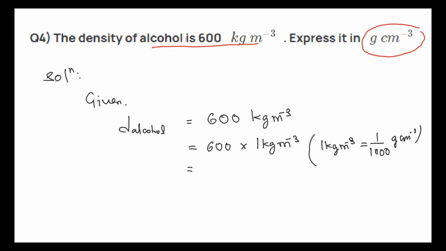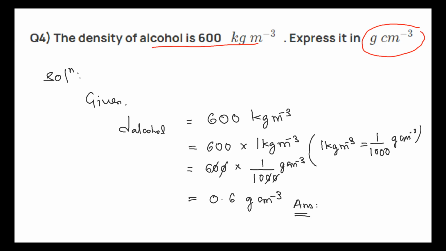If I want to change, it will become 600 into 1/1000 gram per centimeter cube. So 6/10 means 0.6 gram per centimeter cube. Answer.